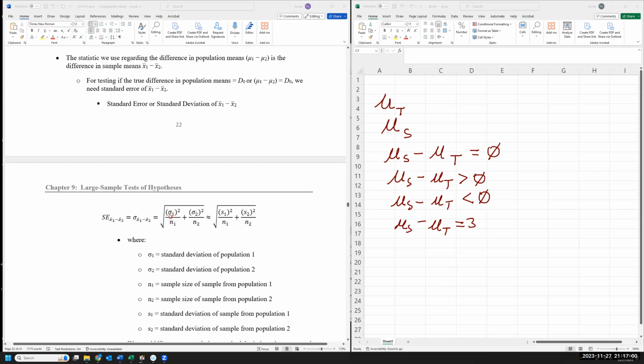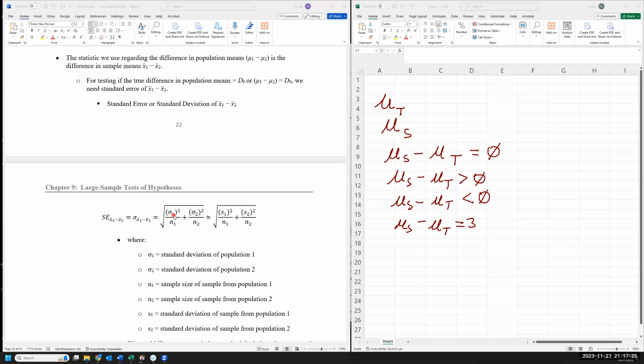In an ideal world, it'd be the population 1 variance divided by n, the sample size from population 1, plus the variance of population 2 divided by the sample size from the sample from population 2. And that whole thing is square rooted.